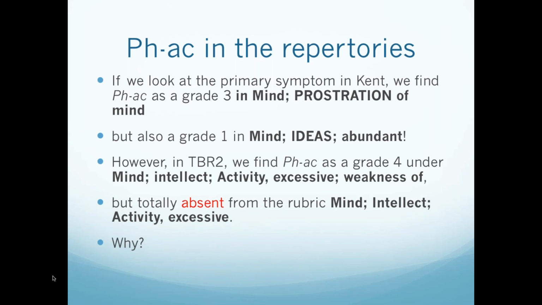Anyway, in TBR2, we find phosphoric acid as a grade 4 under mind, intellect, activity, excessive, weakness of, and totally absent from the rubric mind, intellect, activity, excessive. Again, why? Because we're not looking at the counteraction, the secondary symptom. We're only looking at the primary symptoms here.